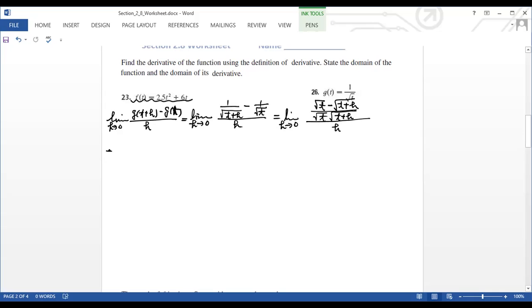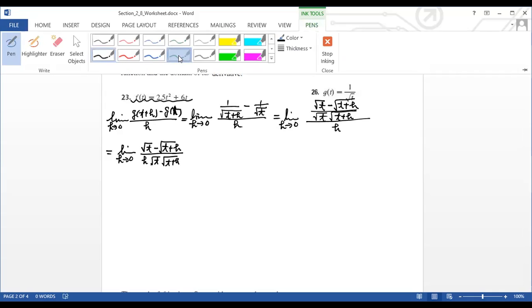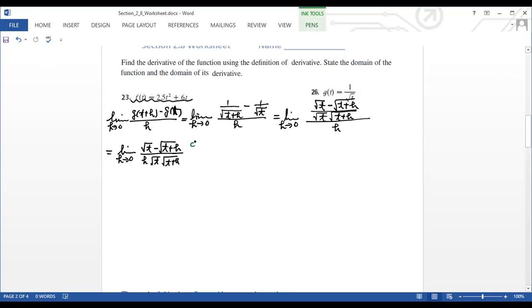Like I say, if you are patient and careful, you get this. So if you plug in h equal to 0, unfortunately you will get 0 over 0, right? We know 0 over 0 is indeterminate.